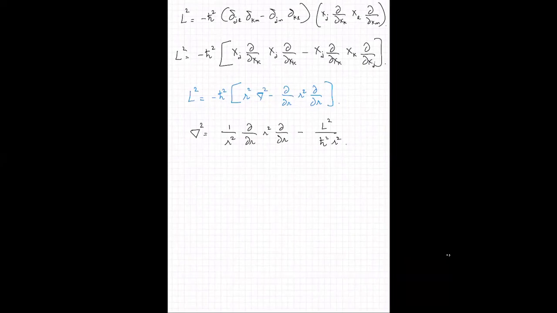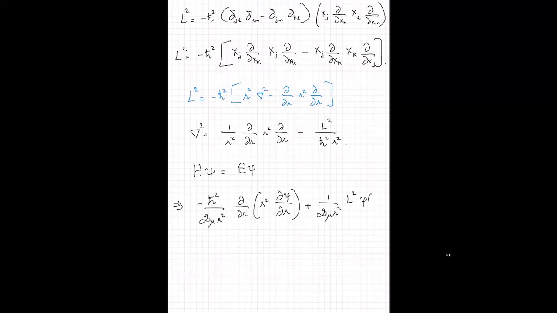And since the Hamiltonian is 1 over 2m del square, for the central force problem, I can write the Schrodinger's equation H psi equal to E psi as minus h bar square over 2 mu r square ddr r square d psi dr plus 1 over 2 mu r square L square psi of r, just psi, plus V of r psi equals E psi.